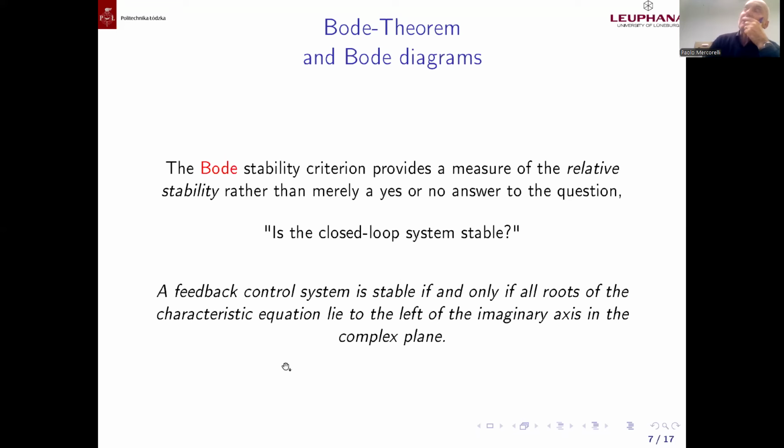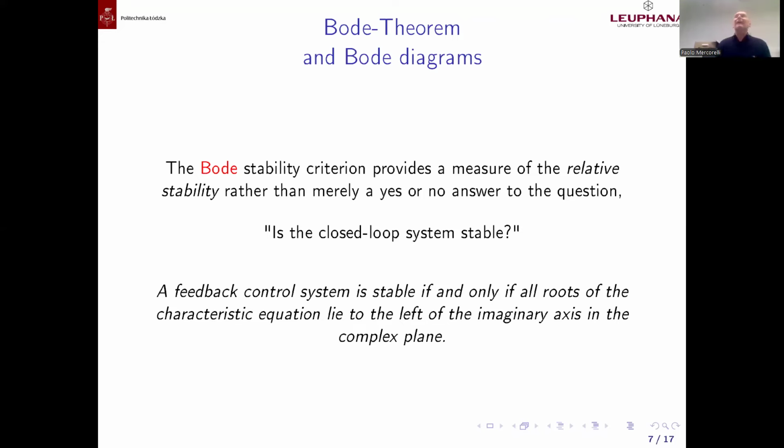This is the sentence which summarizes what I told you about the position of the poles, that is the roots of the denominator, which correspond, do you remember, to the eigenvalues of the system, if the system is observable and controllable. About that, forget it, because I didn't tell you much about observability and controllability.